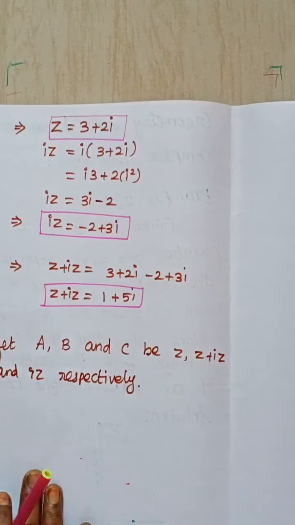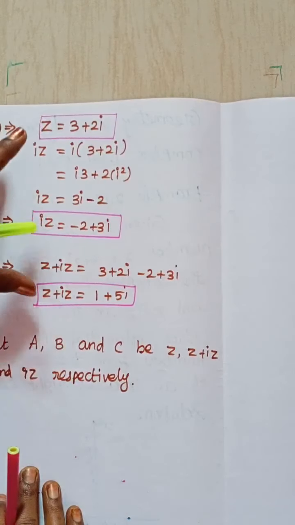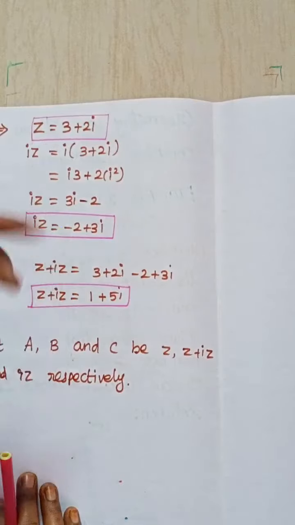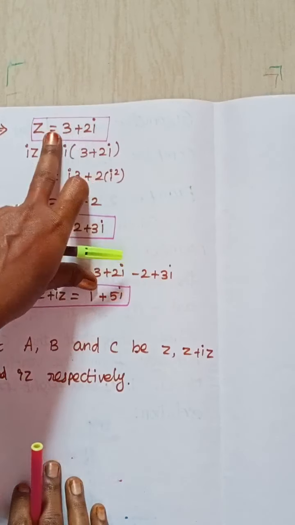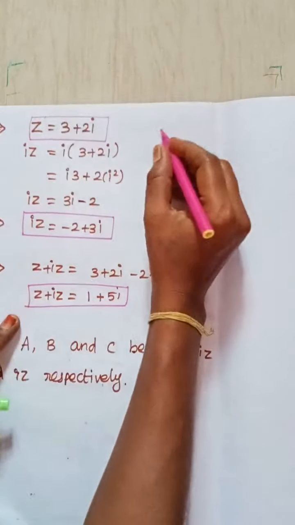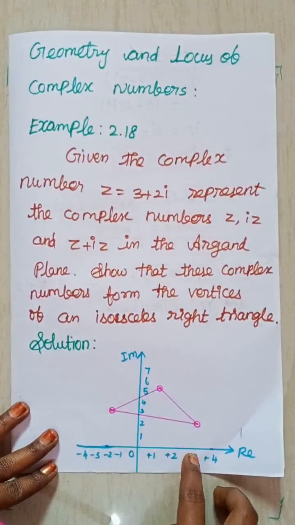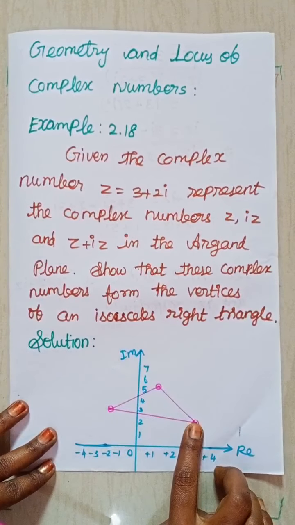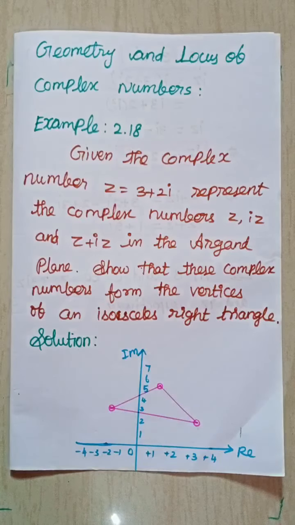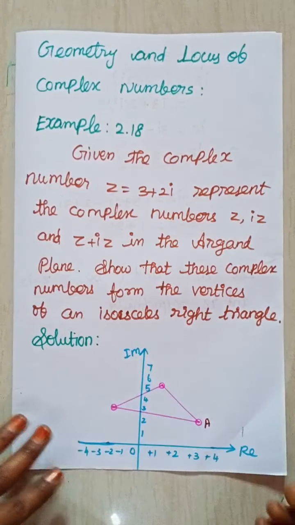Okay, now see the Argand diagram. The z plus iz values we found, we plot in the Argand plane. The z value is 3 plus 2i. We can write it as an ordered pair (3, 2). So x-axis 3, y-axis 2. So (3, 2) forms a point, let's take it as A.